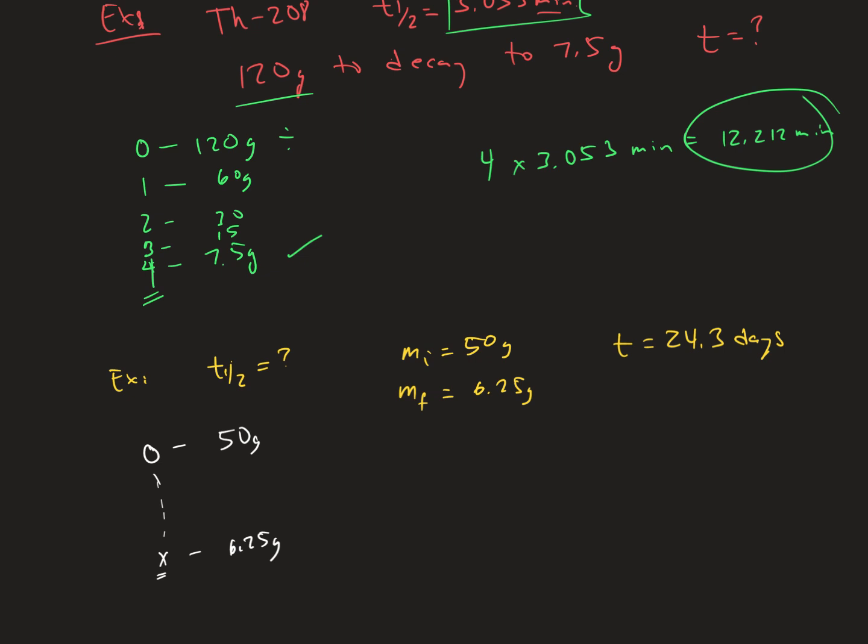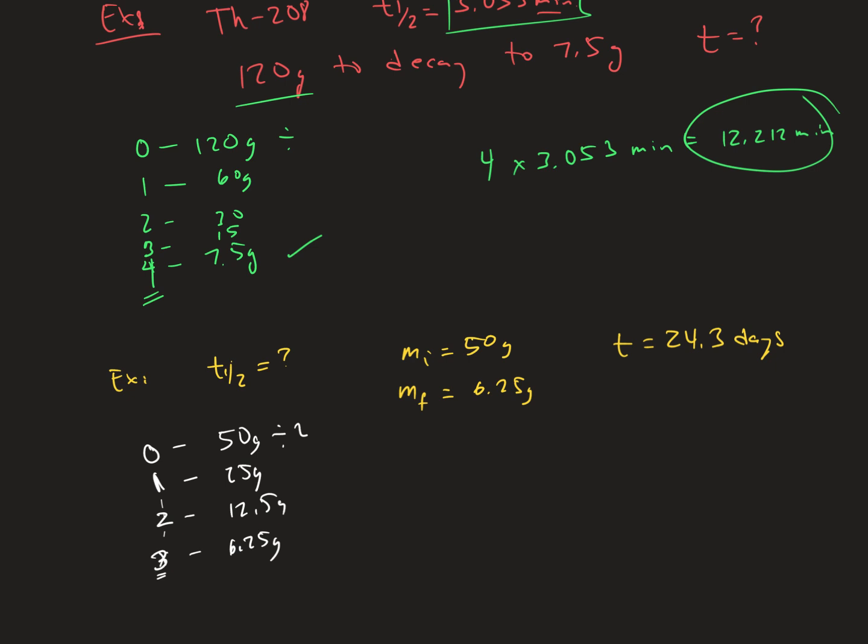How many half-lives have passed? Divide by 2. So after one half-life, we get 25. And maybe I won't give you one that's a beautiful, easy, nice number, but just use your calculator, right? And after 2 half-lives, we get 12 and a half. And if we divide it by 2 again, we're going to get 6.25. So this is 3 half-lives.